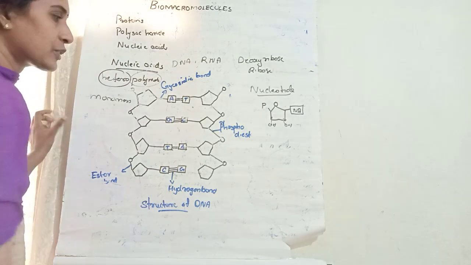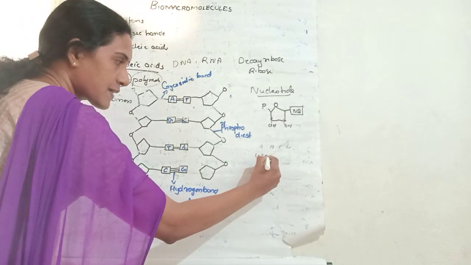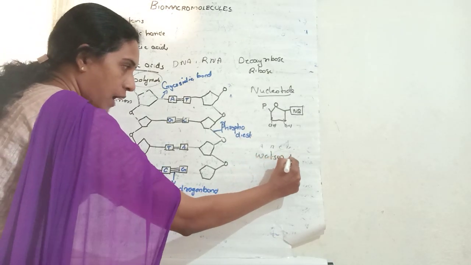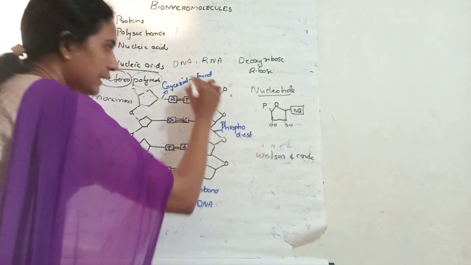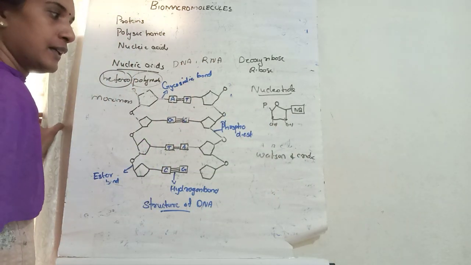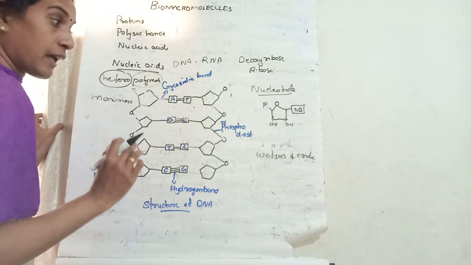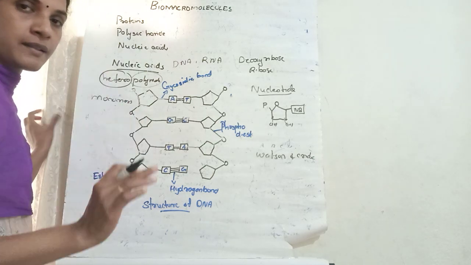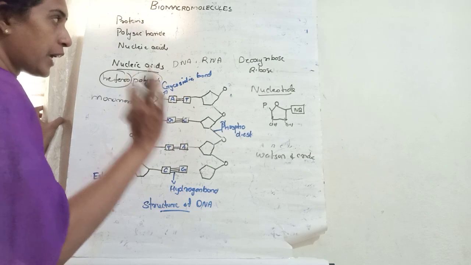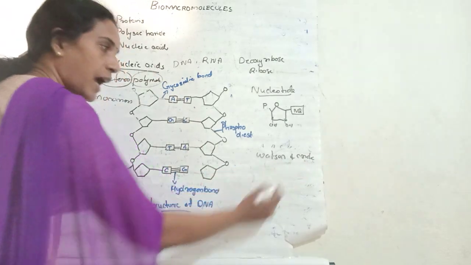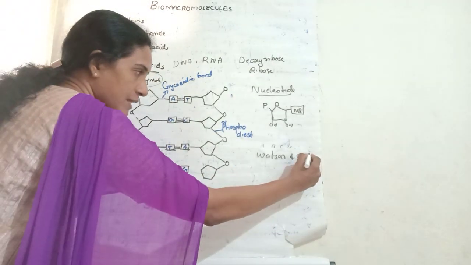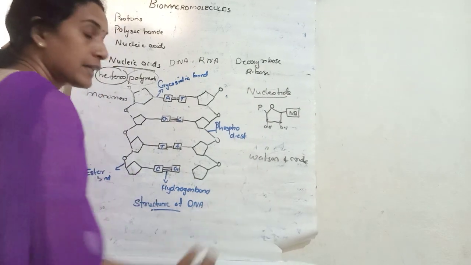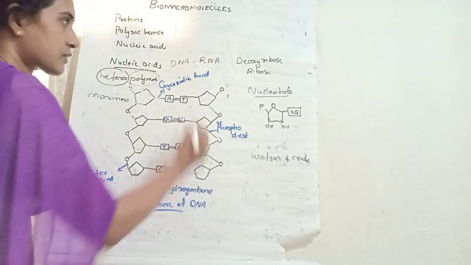But the famous structure of DNA was proposed by Watson and Crick. They proposed the double helix model of DNA structure.